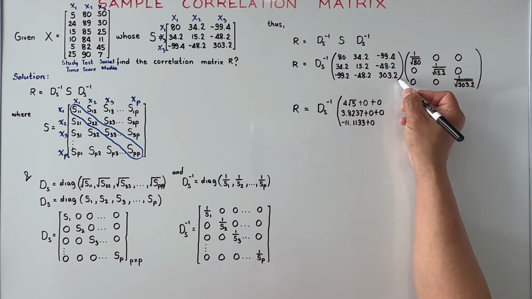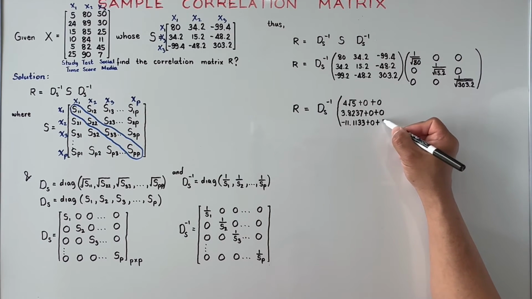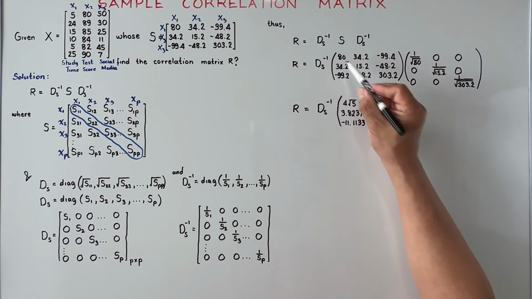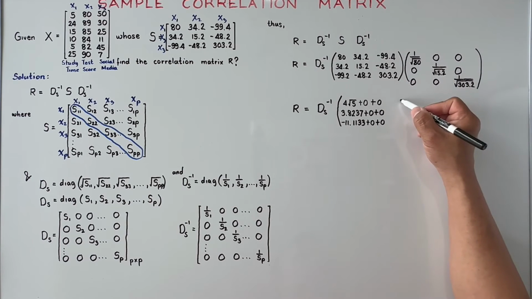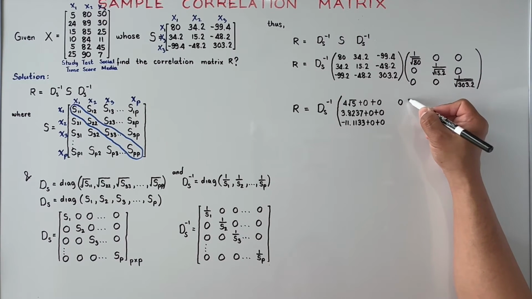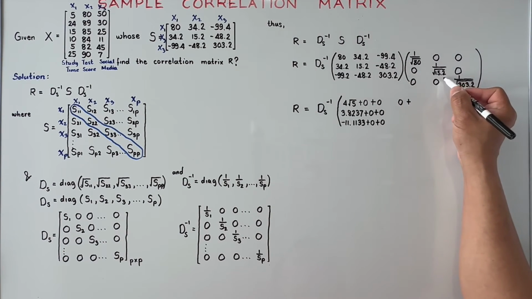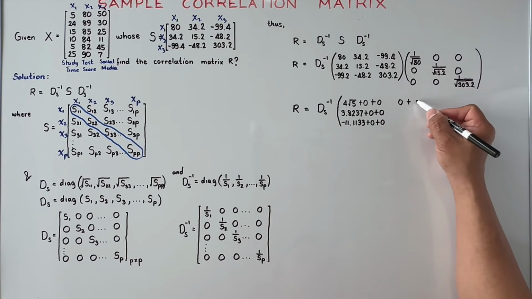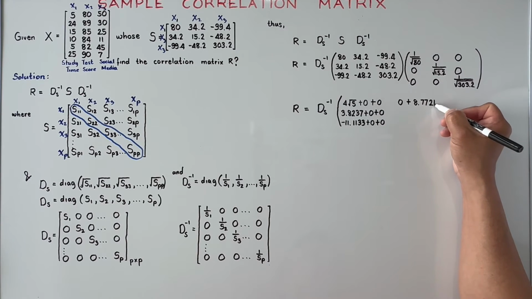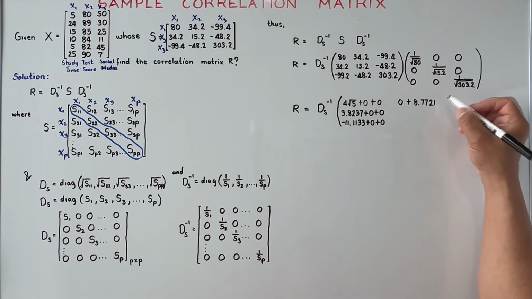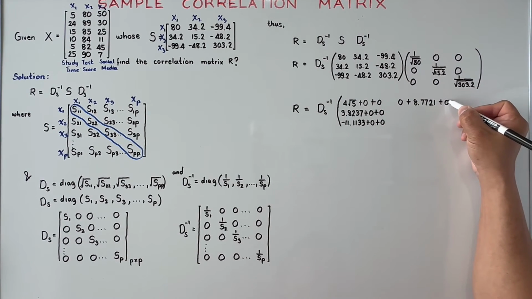And 303.2 times 0 is 0. Also, we multiply the first row by the second column. So 80 times 0, that's 0. But 34.2 times 1 over the square root of 15.2, that is 8.7721. And then negative 99.4 times 0, that is 0.